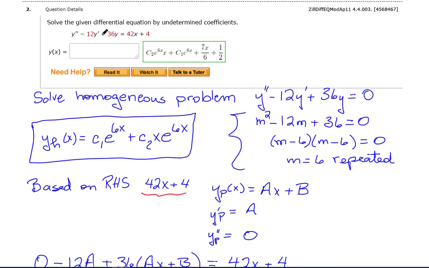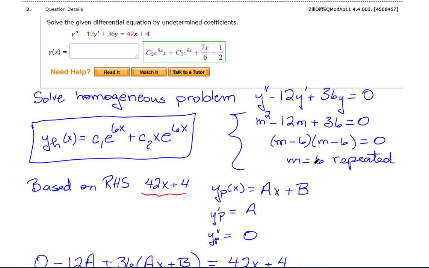Second order constant coefficient differential equation. Right hand side has this forcing function. Alright, so I first form the homogeneous problem. M squared minus 12m plus 36 is 0. Factors into m minus 6, m minus 6. And so I get m is 6.